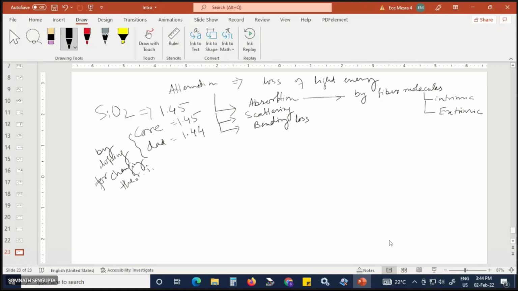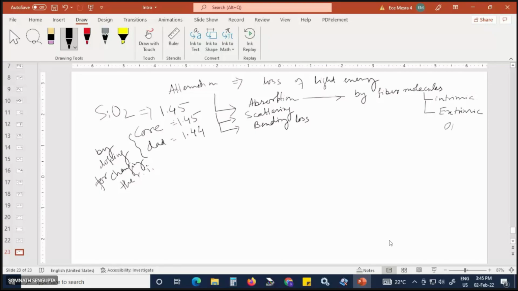I am not going into the process of how the fiber silica is changed. My point here is to discuss what are the different reasons that absorb the light energy, that absorb the photon. It may be the fiber material, SiO2 silica, or some other material which comes as impurity during fiber fabrication.